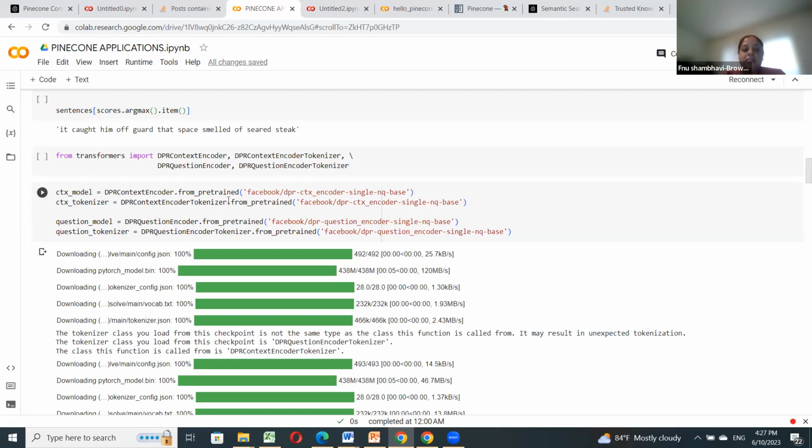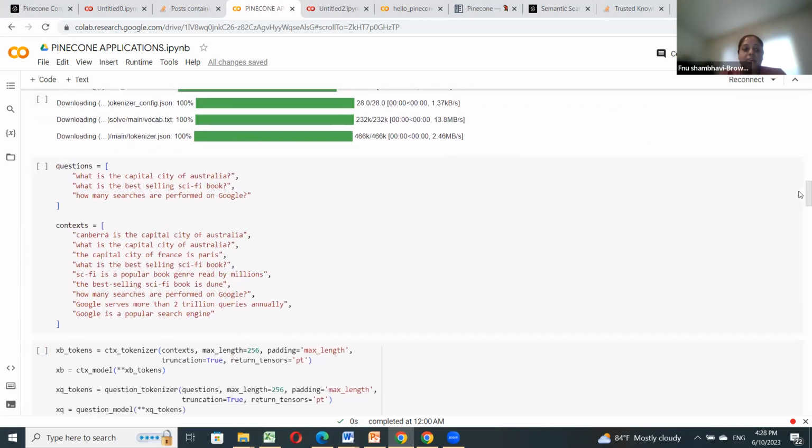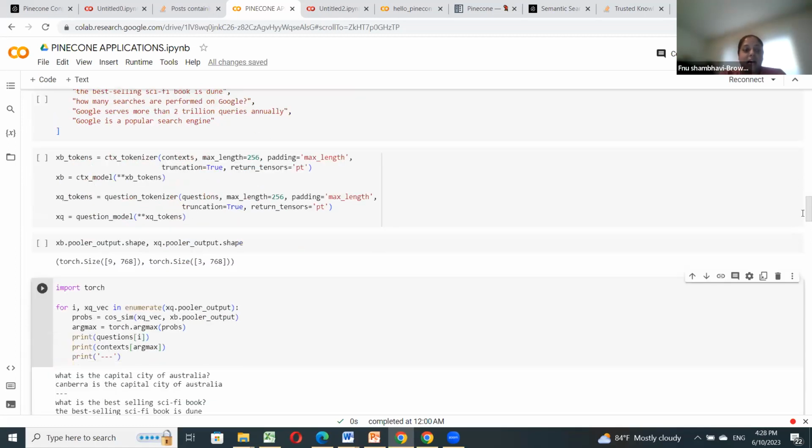And then we are initializing both of them with our questions. We downloaded all the packages, then we got 3 questions, and we are going to compare them with the context, and based upon that we initialized our models with the questions and the context.